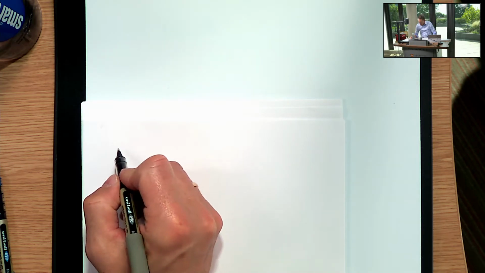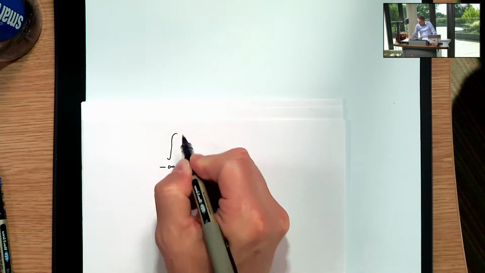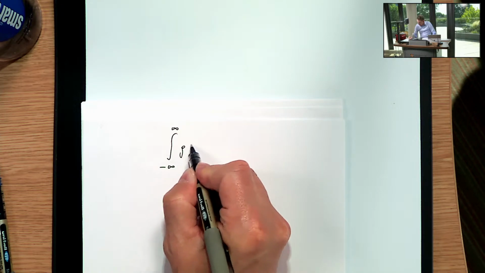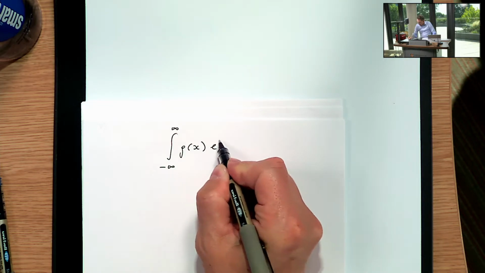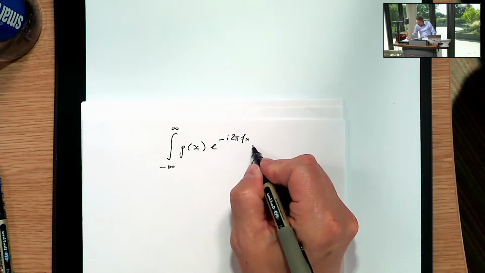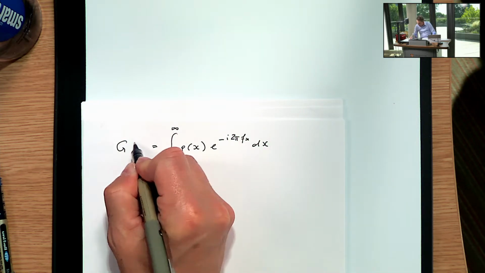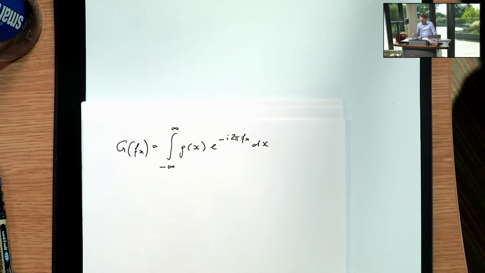So I go back to the visualizer and just recap this. If I have a function g of x, and I take an integral of this form, g of x e to the minus i 2 pi fx dx, then that returns the frequency spectrum g of fx.